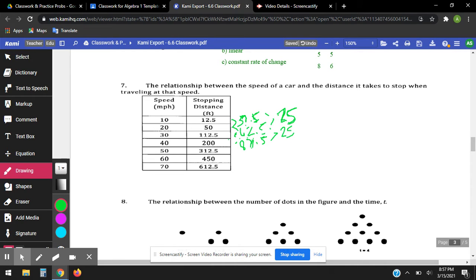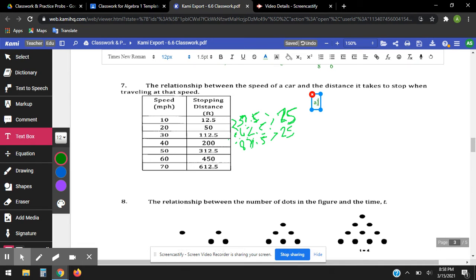So that means this one is a function, and we can see that, put over here, A is a function. You can tell that it's quadratic because it has the second difference, which means it has a linear rate of change.